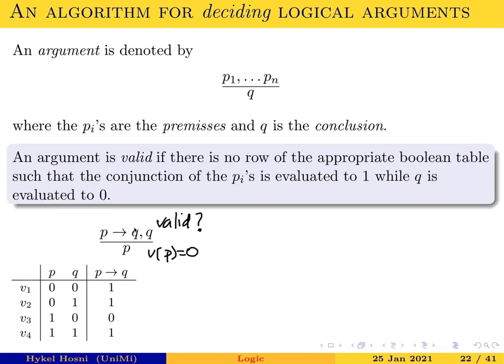So the definition is: this is valid if you have no situation, and a situation is just one of those rows here, in which those two are evaluated to 1, and this is evaluated to 0. Equivalently, every valuation, so every row of the table, which sends both premises to 1, also sends the conclusion to 1.